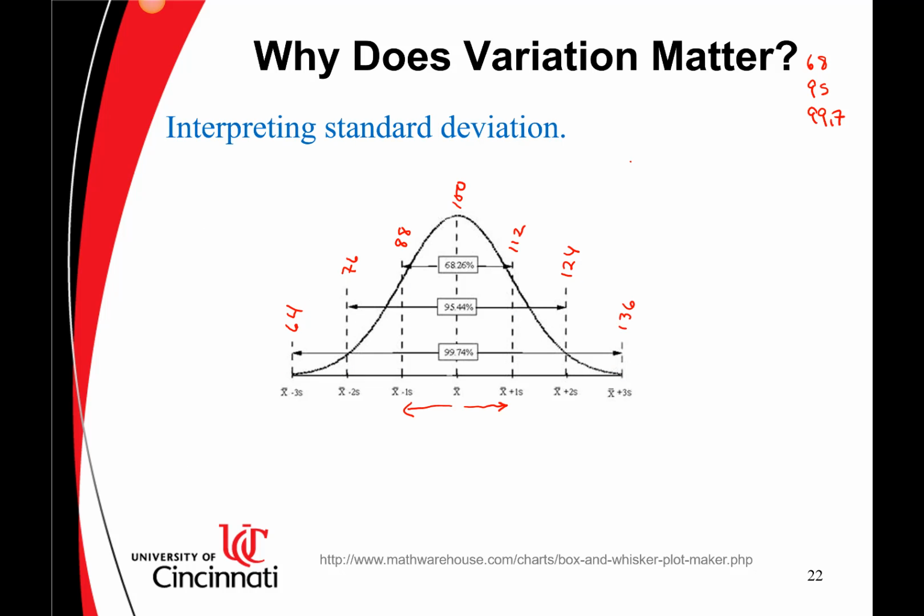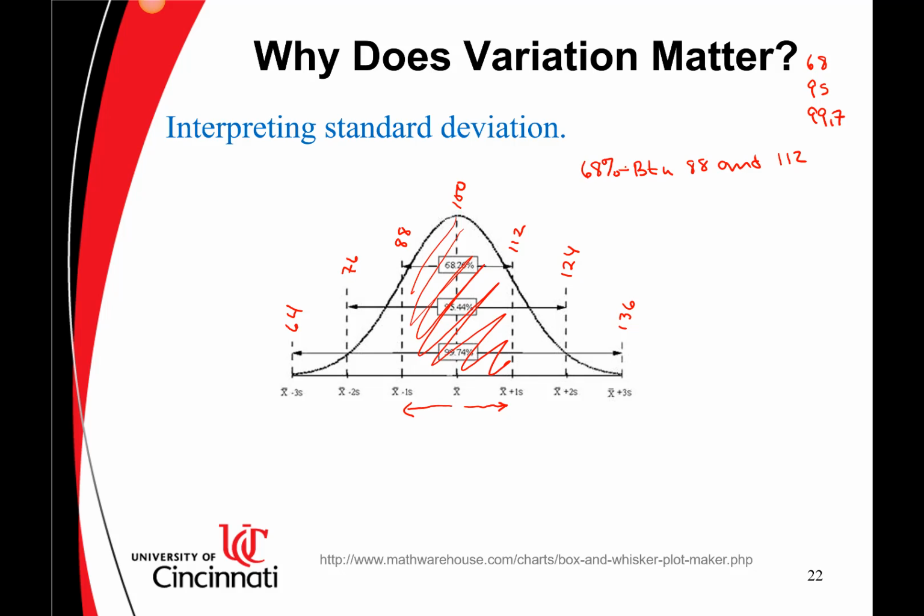So for example, if the score is between 88 and 112, do you see that you're in this middle area here? And that middle area includes what percent of the population? That's 68%, isn't it?